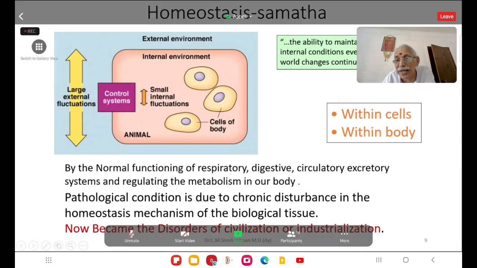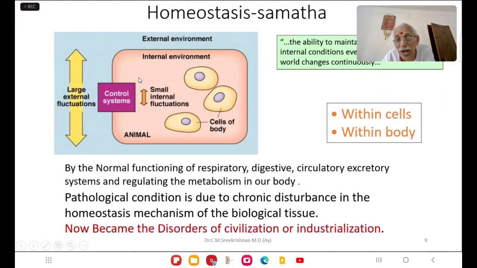So the ability to maintain a relatively constant internal condition, even though the outside world changes continuously, is called the homeostasis mechanism. So the cell should be protected, maintaining a constant internal condition within the cell and within the body. There will be large external fluctuation and small internal fluctuation.